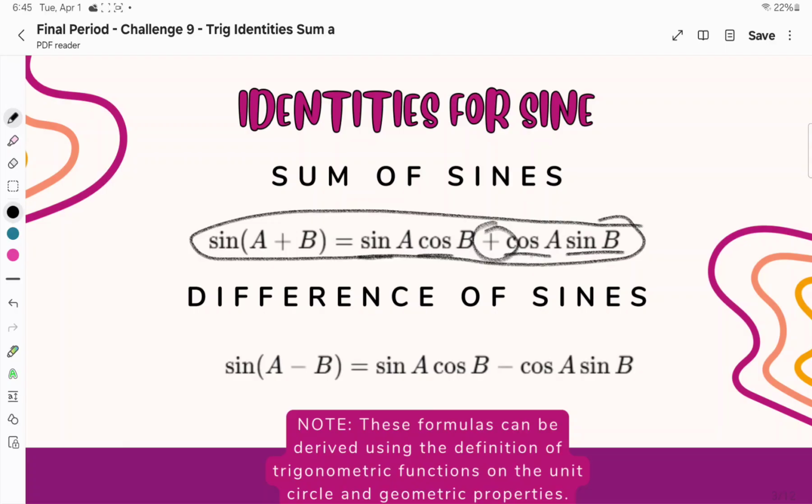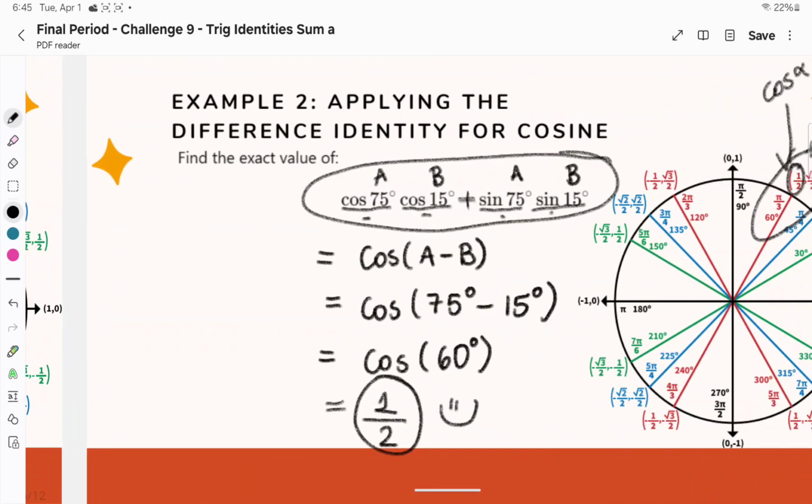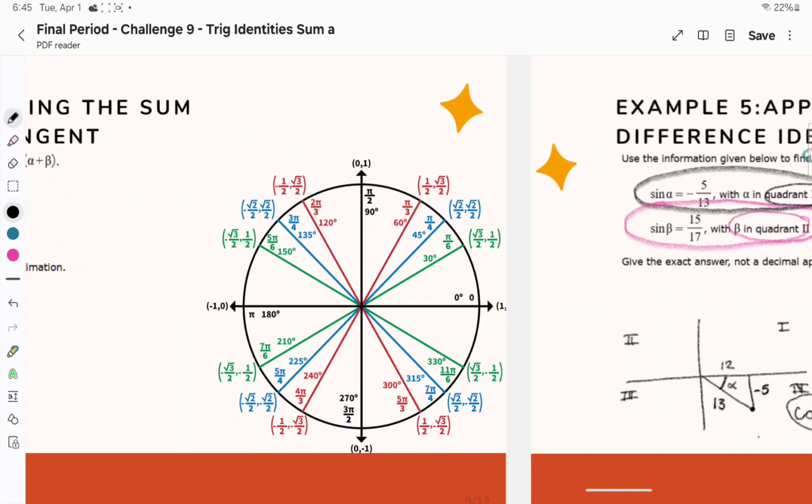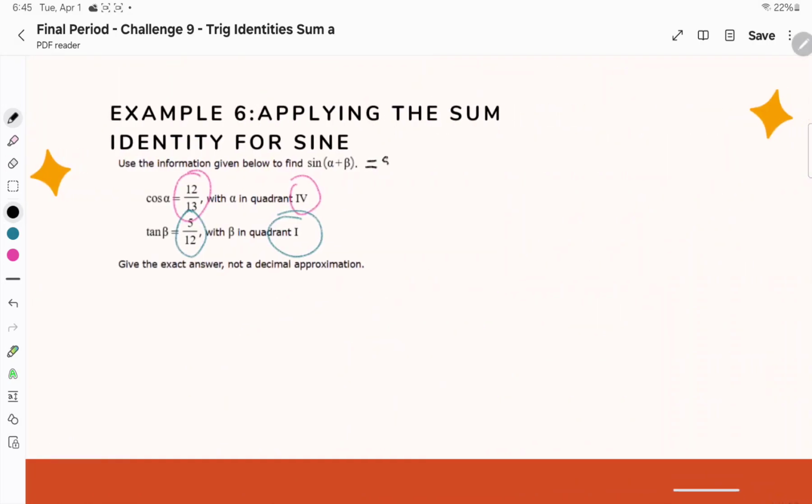Okay, so I'm gonna go here: sine of alpha, cosine of beta, plus cosine of alpha, sine of beta. And I'm gonna use that. So look, I already have cosine of alpha, and that's it. That's everything I have. So I need to find sine of alpha, I need to find cosine of beta and sine of beta, right?